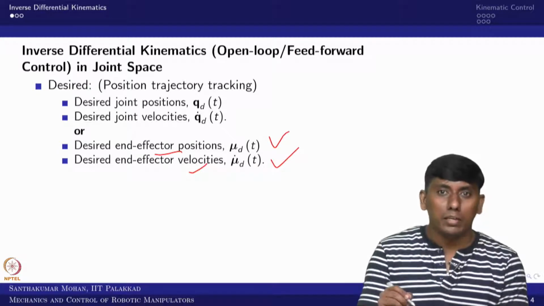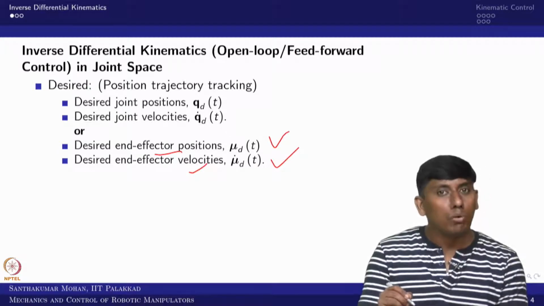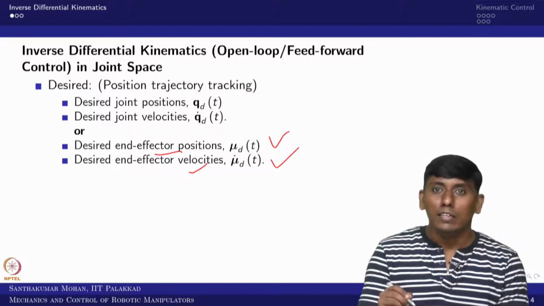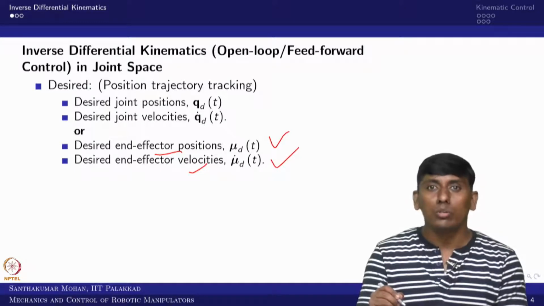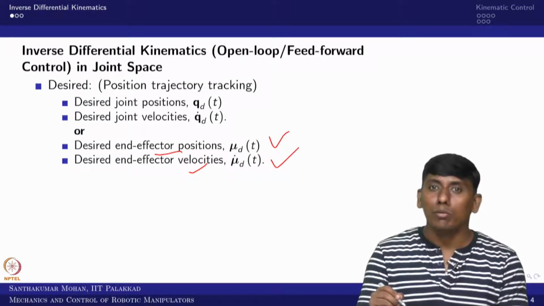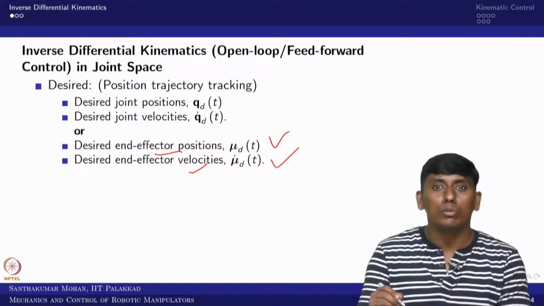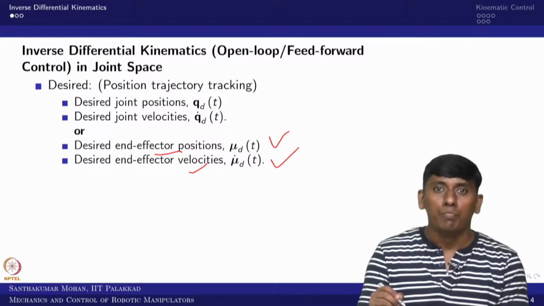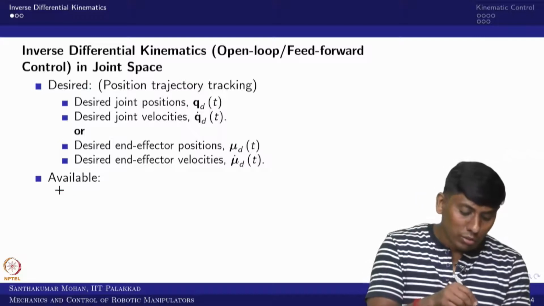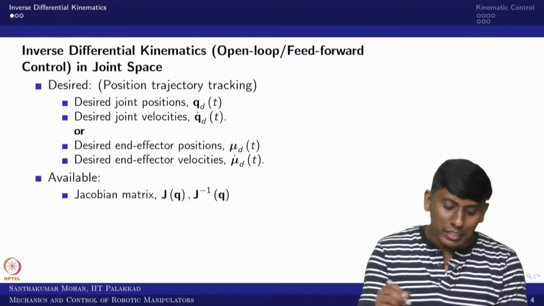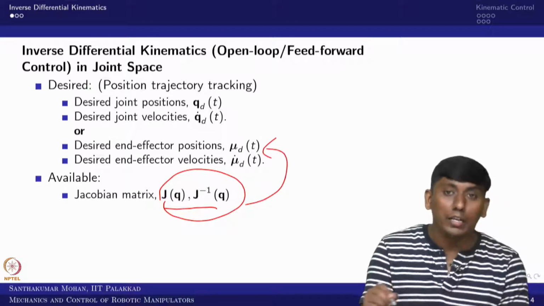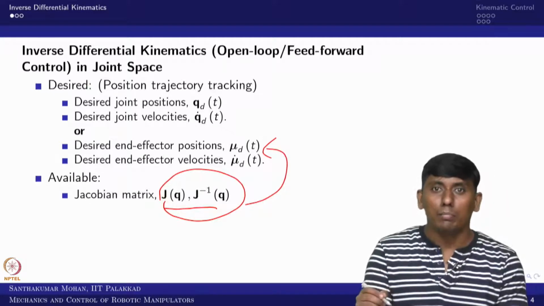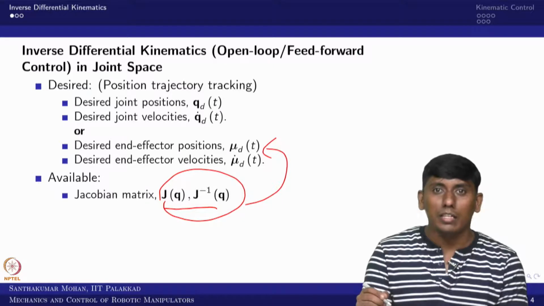What we expect is that q of t tends to q desired, but that is not directly guaranteed. What we can actually ensure is that q dot of t is equal to q dot desired. That is what we are trying to see. The Jacobian matrix is available, because it is required when we do end effector position trajectory tracking.